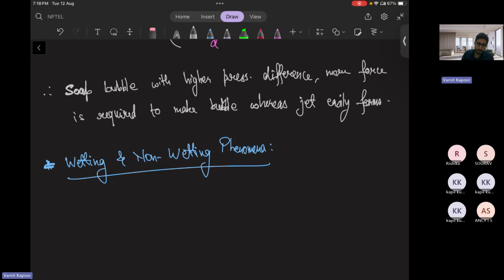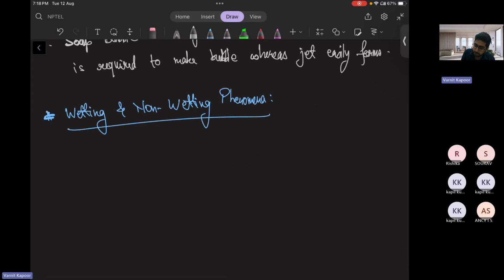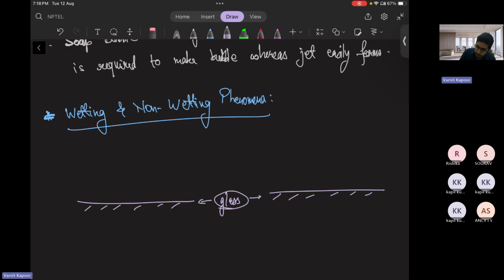So suppose you have a glass table, two scenarios I'm framing, both of glass. On one glass, a water drop is kept. So how will the water drop look?